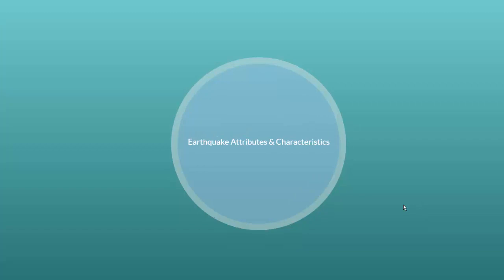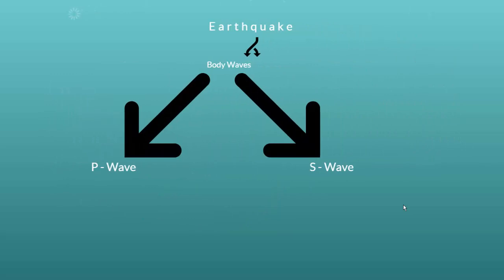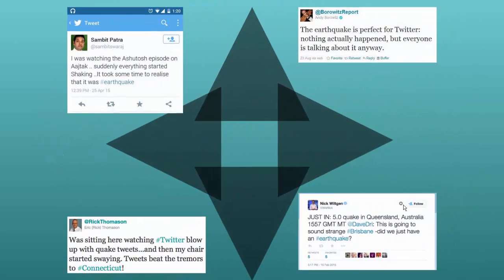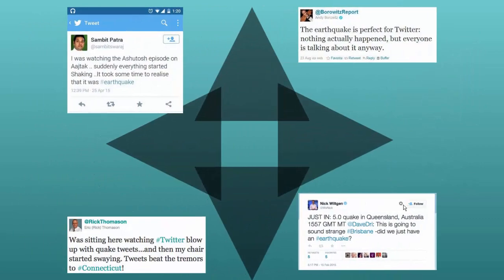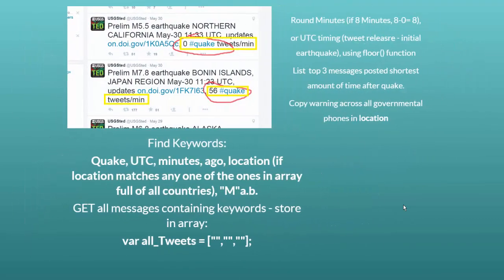Alright, so now that we know the attributes and characteristics of an earthquake, let's move on to how to detect an earthquake using social media. So for example, let's say we have something like Twitter. To build an algorithm that detects whatever tweets are warning of an earthquake, first we have to detect the keyword.